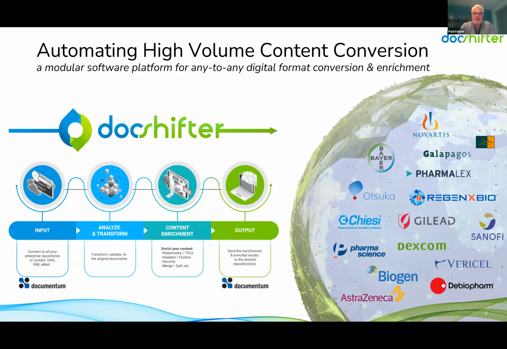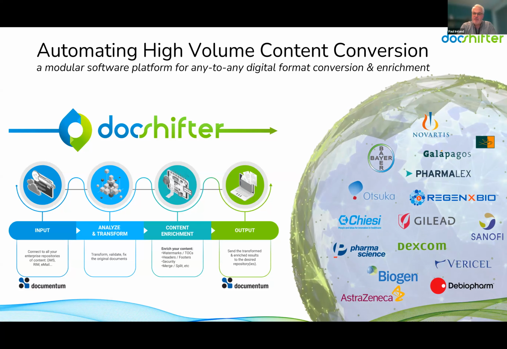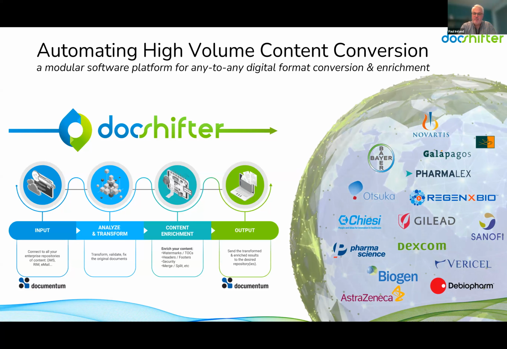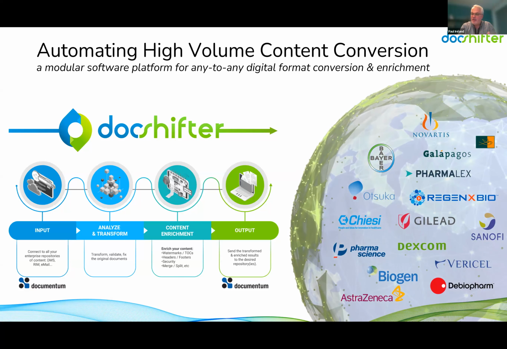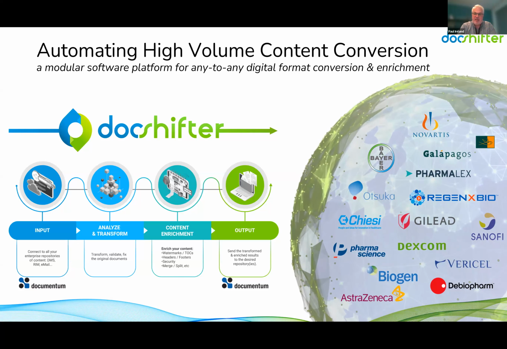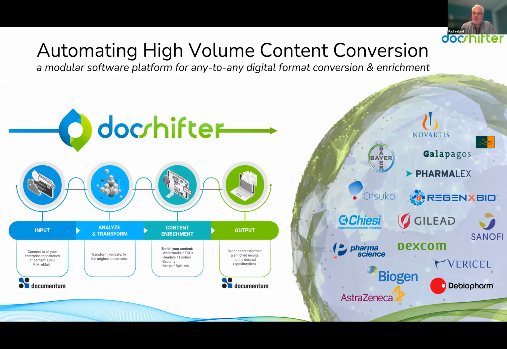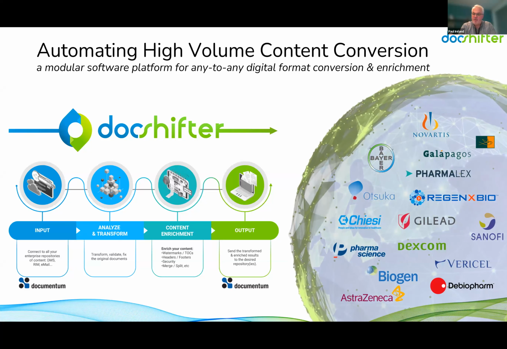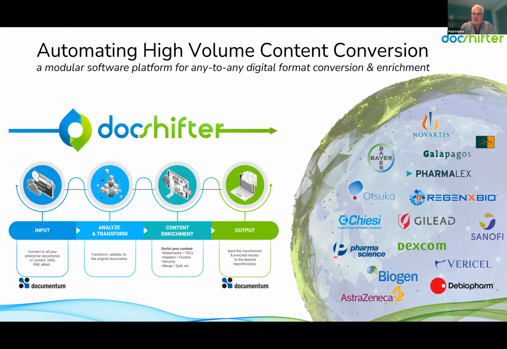DocShifter is a platform used by organizations of different sizes, from very small to extremely large, taking content from one repository, analyzing that content and potentially transforming it in some way, for example, rendering it to PDF, or enriching the content for ease of navigation or ease of use, or with cover pages, etc., and then storing the output either back in the repository the source content came from, or somewhere else. What we're going to focus on here is specifically where Documentum is that input and output location.